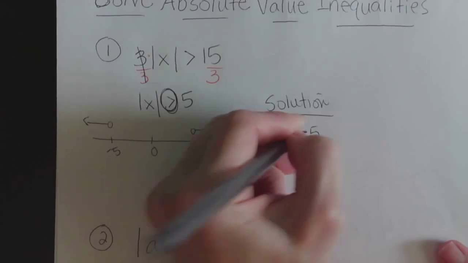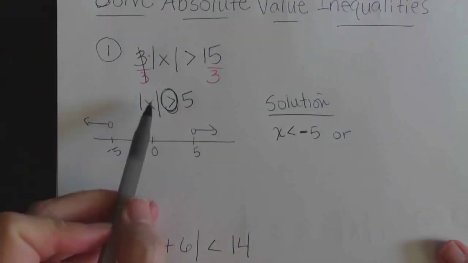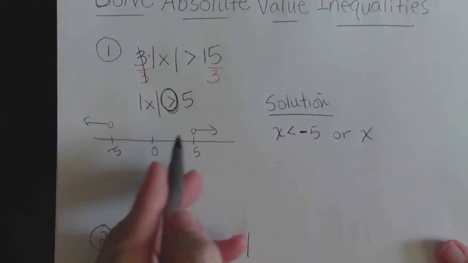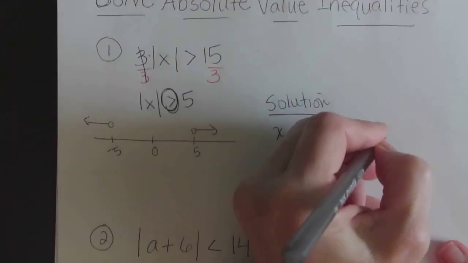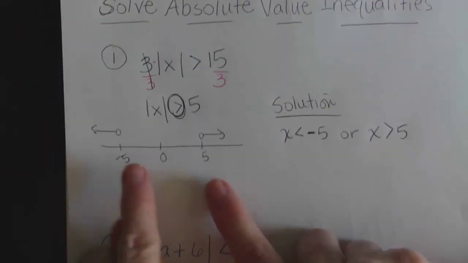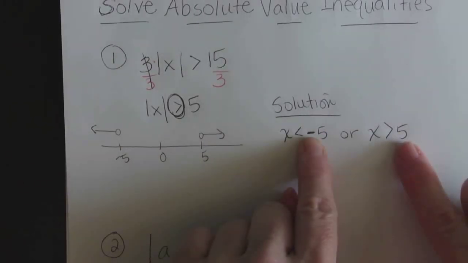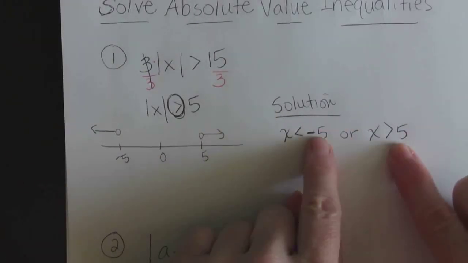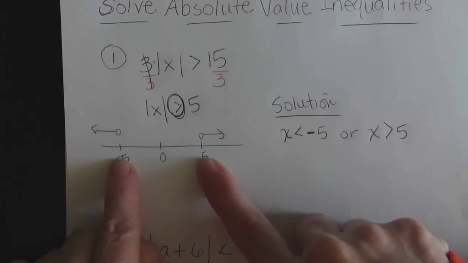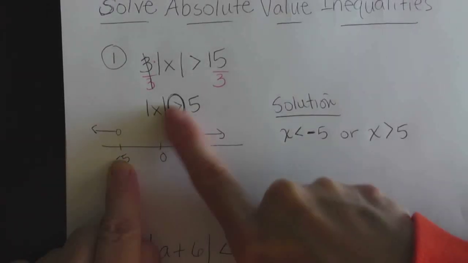So beneath the negative 5, that's one place they could be. Or the contents of the absolute value could be up above, greater than, the positive version of the number. There's always going to be 2 statements. One's going to deal with the negative, one's going to deal with the positive. And that's because you have 2 numbers that are exactly 5 away from 0.